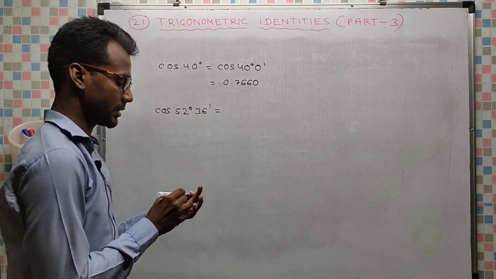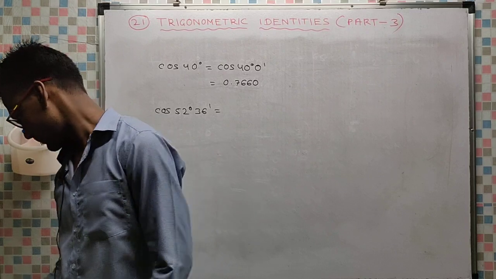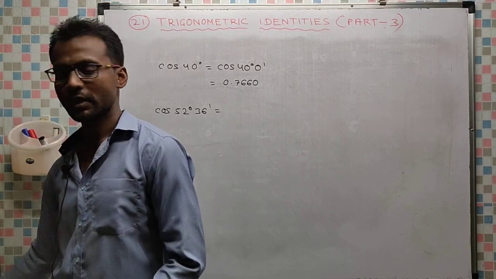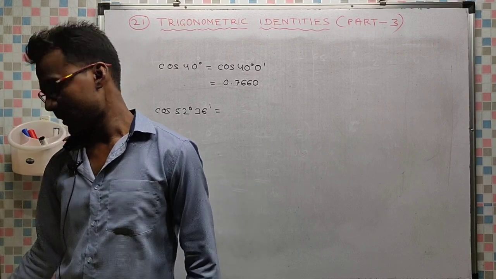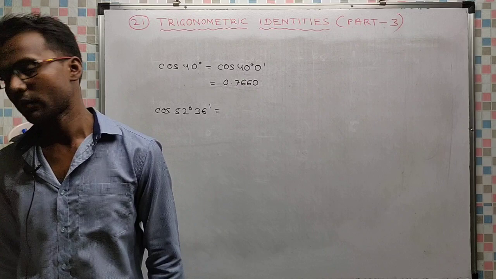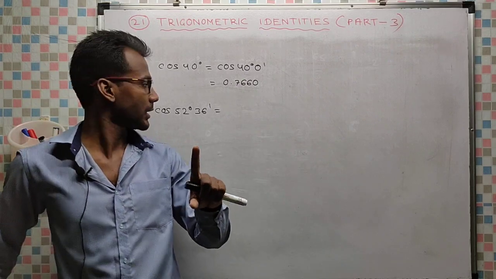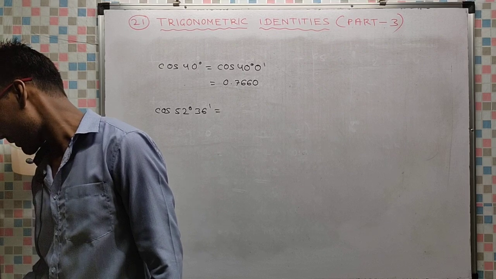Now let us find the value of cos 52 degrees and 36 minutes. 36 is a multiple of 6, so it can be easily located. Move to the second page for the cos table. Locate first 52 degrees, then locate 36 minutes. You will get a point of intersection.